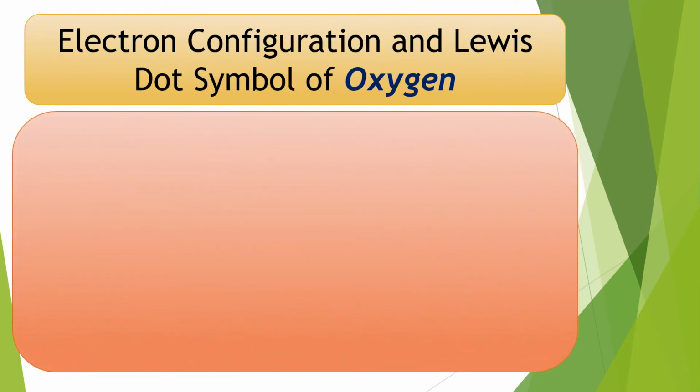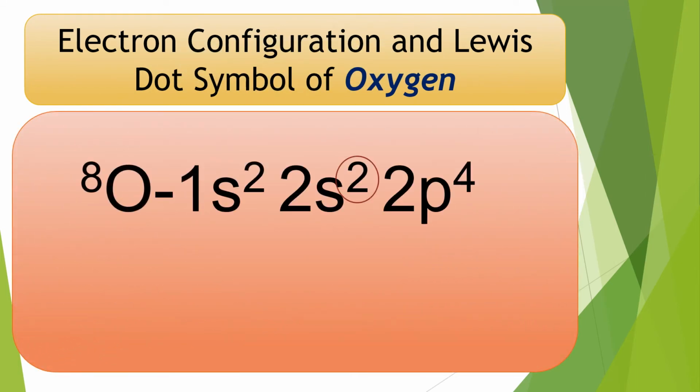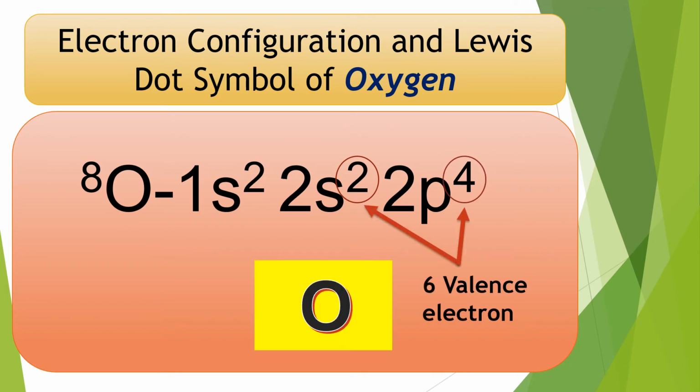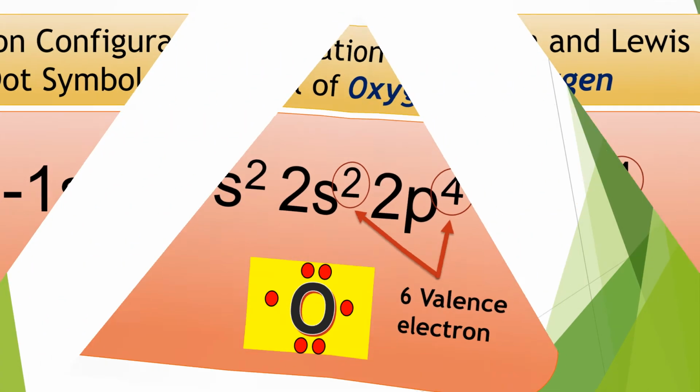Next example of Lewis dot symbol is oxygen. Oxygen has atomic number 8 and has 8 electrons. It belongs to family 6, so therefore it has 6 valence electrons. This is the example of Lewis dot symbol for oxygen with 6 valence electrons.